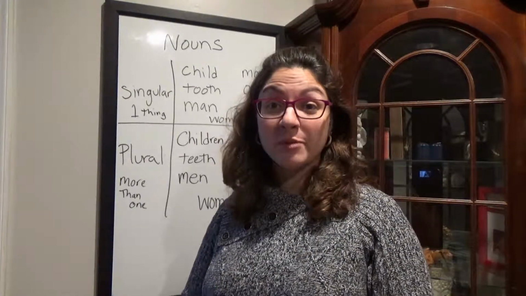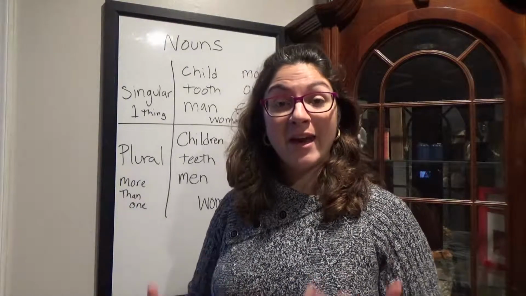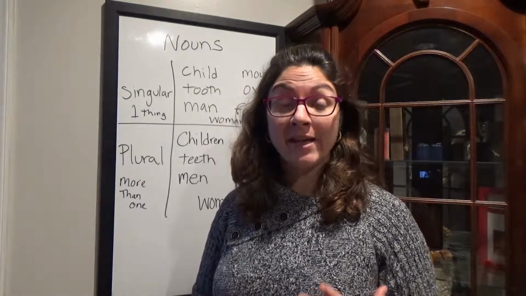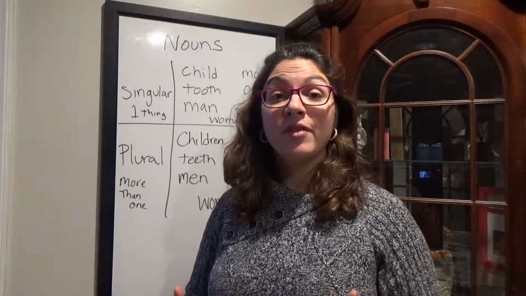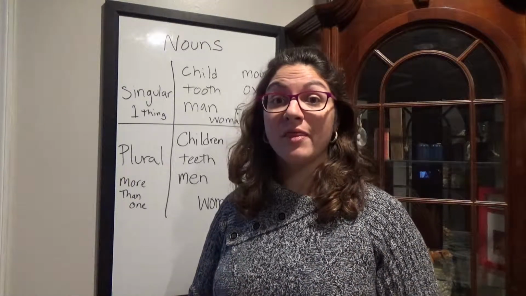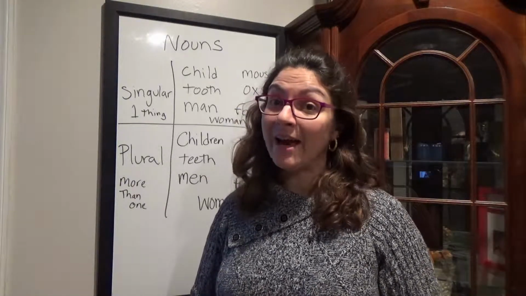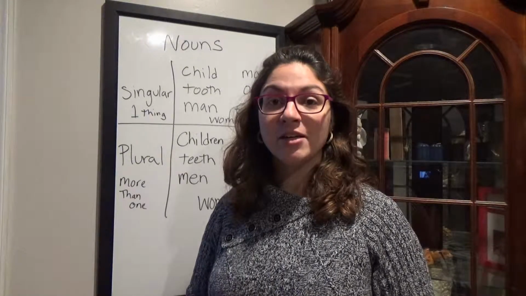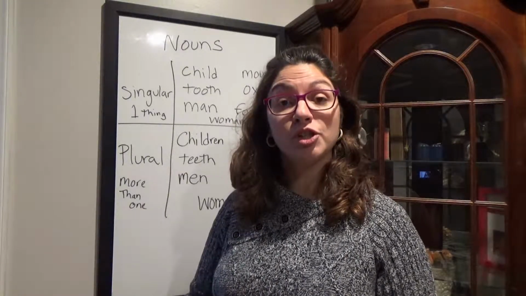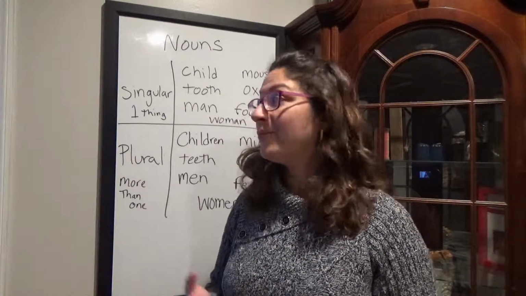Okay, so we just talked about some plurals and singulars of nouns and how by adding S we can tell if there's one or more. However, there are some words that are irregular. We also talked about the rule for adding ES. When your word ends in S, X, ch, or sh sounds, you add the ES to the end to make it plural.